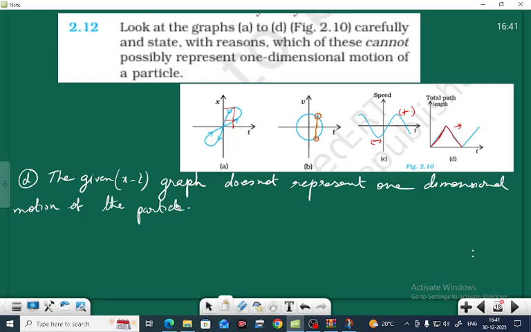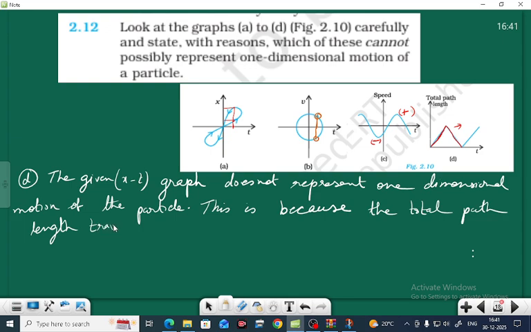The reason is that the total path length traveled by the particle cannot decrease with time.